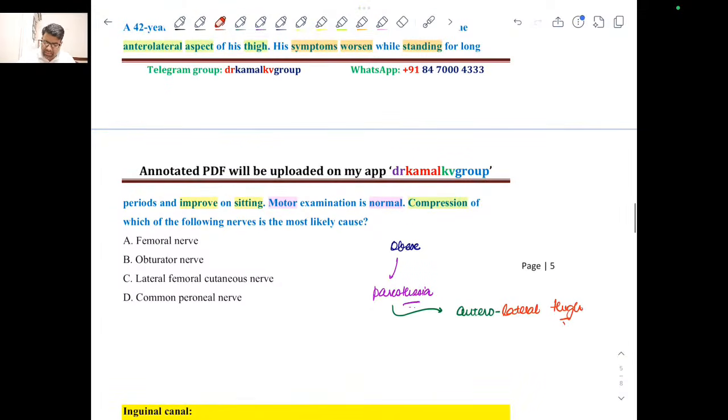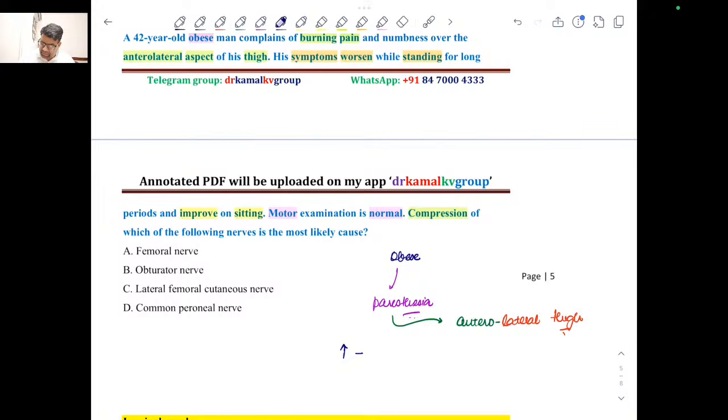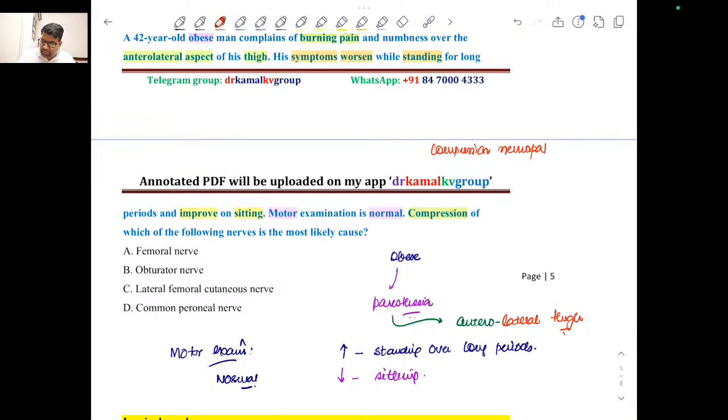Now this increases with standing over long periods, and this decreases on sitting. Motor examination is normal. Motor means no muscle paralysis. So this is a classical case of compression neuropathy. It means some nerve is being compressed and therefore there are symptoms of paresthesia, right?